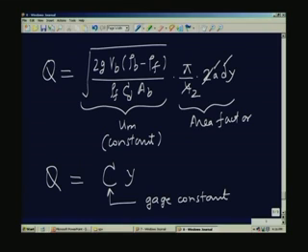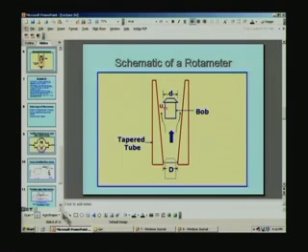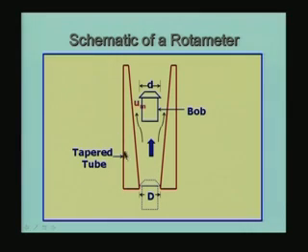Actually what is done in practice, if we go back to the sketch here, along this tube a scale will be marked, which will give you the position of the bob. You can read off the position of the bob by looking at, for example, this edge here and finding out where it is, and that will be your position of the bob.